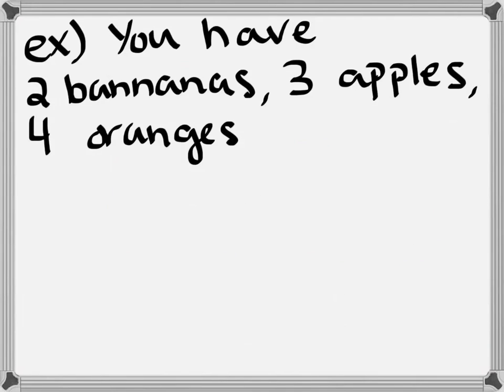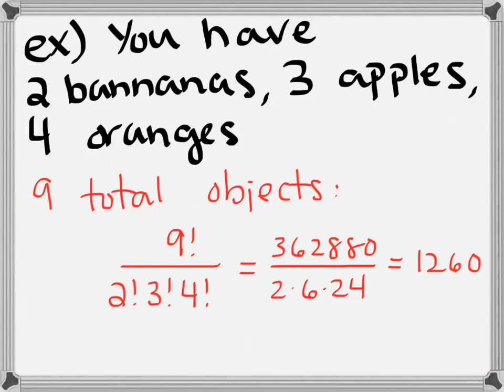Here's another example. Suppose you have 2 bananas, 3 apples, and 4 oranges. There are a total of 9 objects, because we have 2 plus 3 plus 4. We have 2 bananas, so we have 2 of type 1. We have 3 apples, so we have 3 of type 2. And lastly, we have 4 of type 3, or in other words, we have 4 oranges.